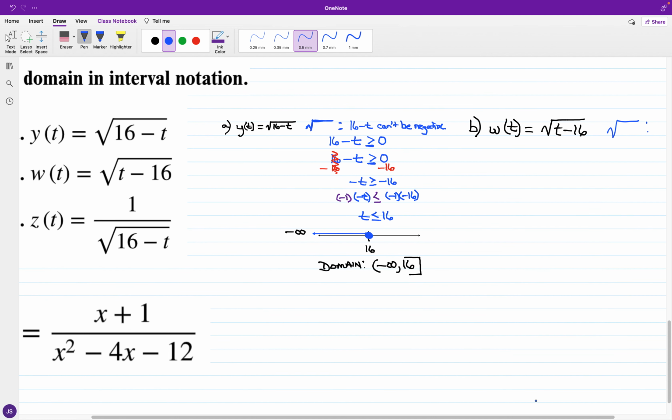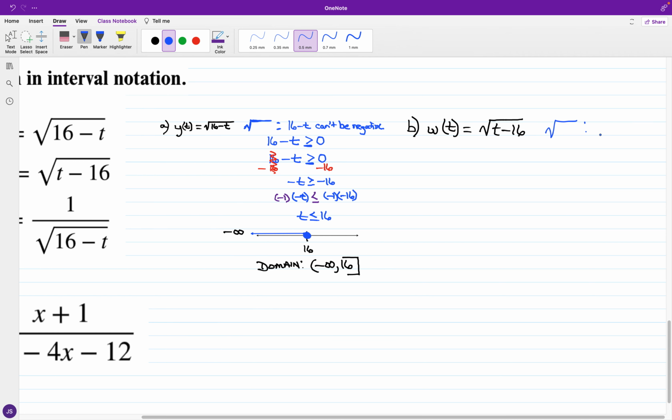Before, we had that 16 minus t cannot be negative. Now we have that t minus 16 is that which is not allowed to be negative for this function w of t.